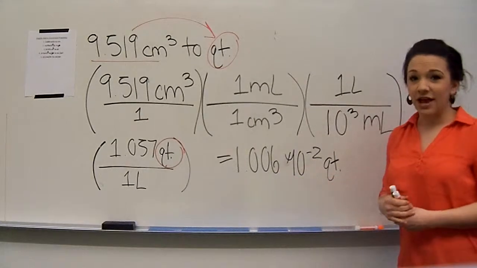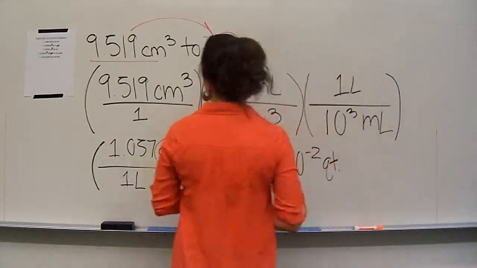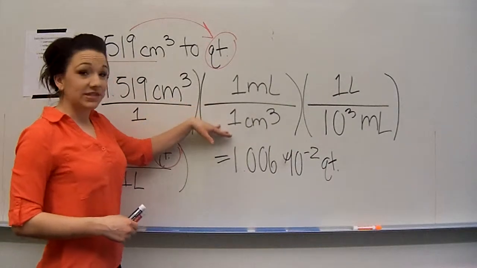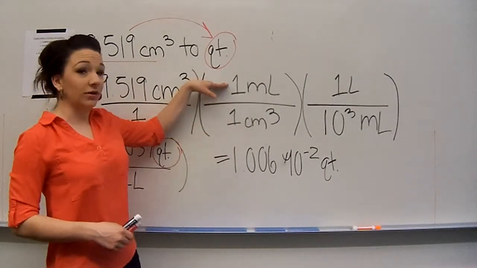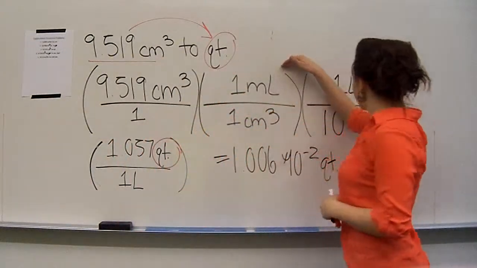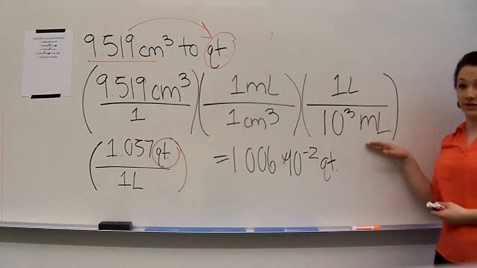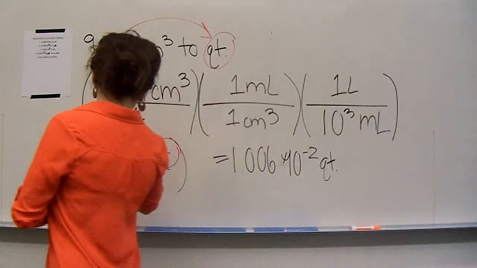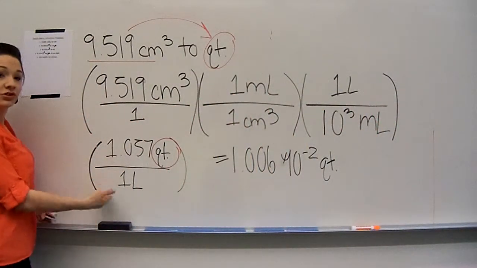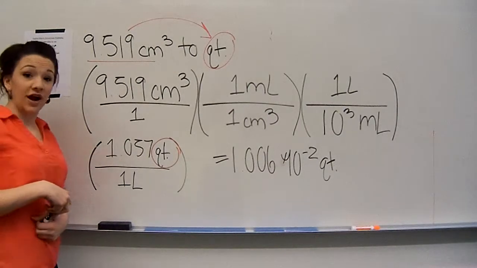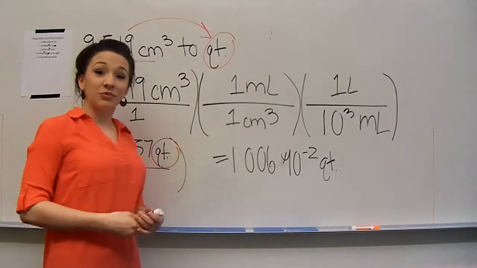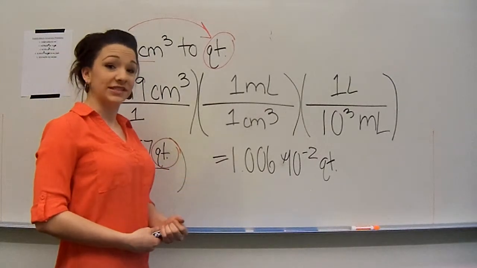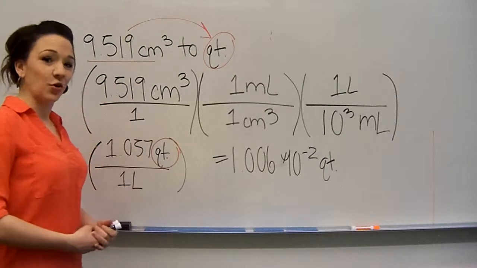You go ahead and double check your work. 9.519 centimeters cubed matches 1 centimeter cubed, which is equivalent to 1 milliliter. 1 milliliter matches 10 to the third milliliters, which is equivalent to 1 liter, which matches 1 liter, which is equivalent to 1.057 quarts. Again, you plug that into your calculator, and you should get the same answer of 1.006 times 10 to the negative second quarts.